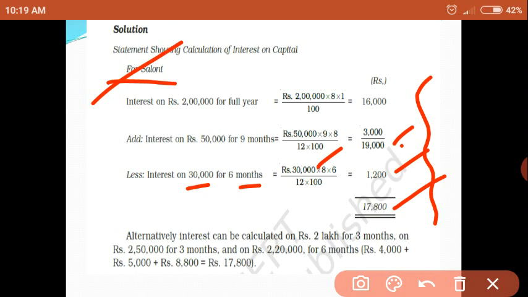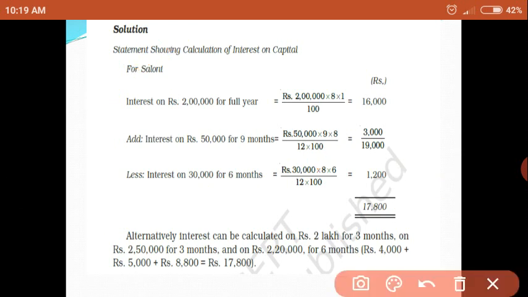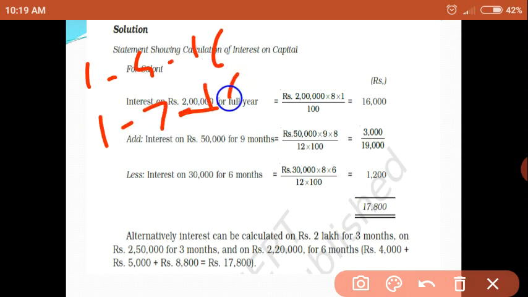That is 2 lakh for 3 months. First, 2 lakh is the beginning capital, and this capital we use from 1/4/2016 till 1/7, that is April to July. There are 3 months: April, May, June. So these 2 lakh you have to calculate for 3 months.